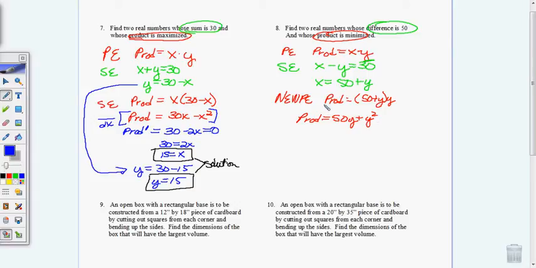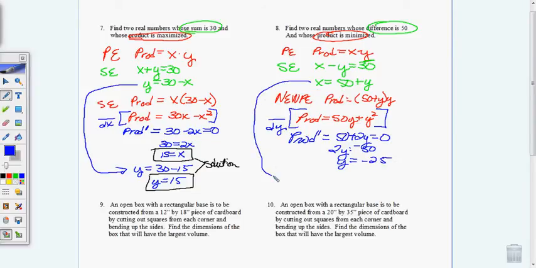Now I'm going to take my derivative with respect to y this time and get product prime equals 50 plus 2y, and I'm going to set that equal to 0. So 2y is going to equal negative 50. My y value is going to equal negative 25.